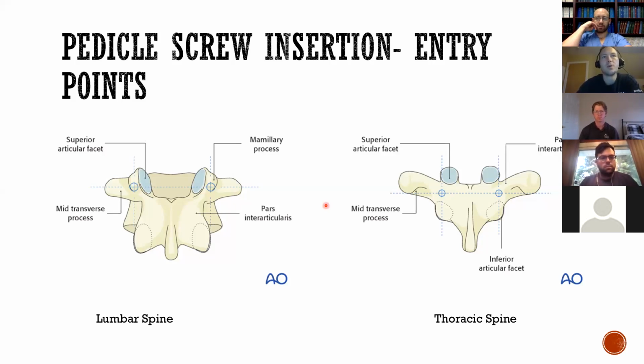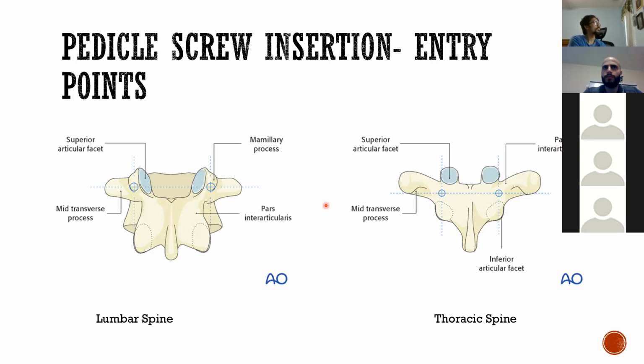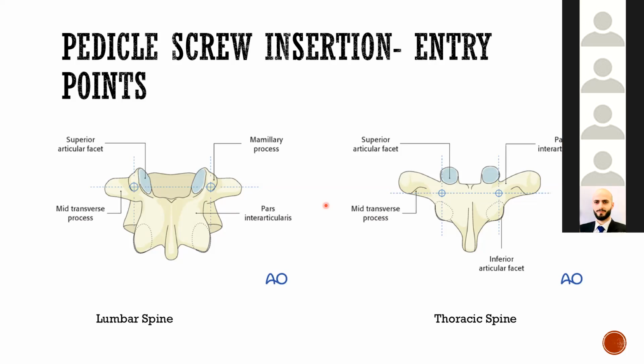There have been numerous studies looking at the morphology, the size of the pedicles, and where they take off. If you have memorized the exact location of each pedicle at each level, you can know exactly where the start point needs to be in order to enter the pedicle and make sure that the screw you're about to insert is going to be intraosseous and not diverting into the spinal canal.